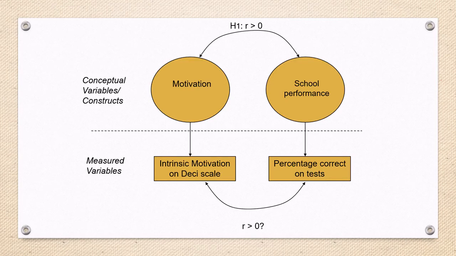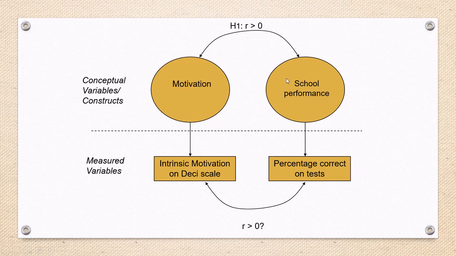For all of these inferential tests, we want to take our data and assess the extent to which our test results could have been achieved by chance if there really was no relationship, the null hypothesis. We're also looking at this from the standpoint of using our measured variables and relationship between them to assess the constructs and their underlying relationship that we are really interested in. So here, our constructs that we're interested in are motivation and school performance. But we can't test these directly because these are constructs, they're abstract.